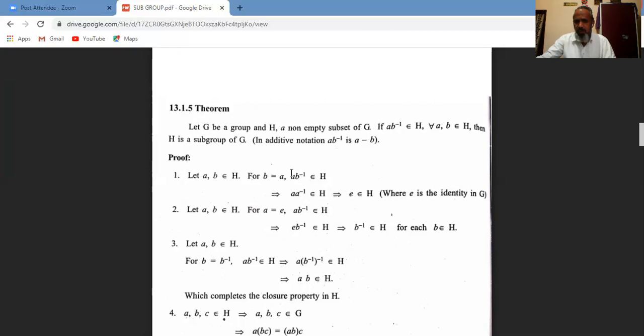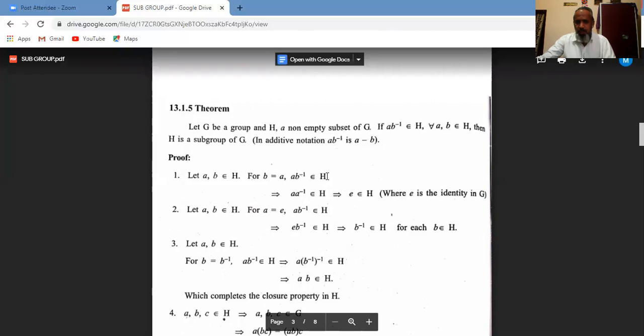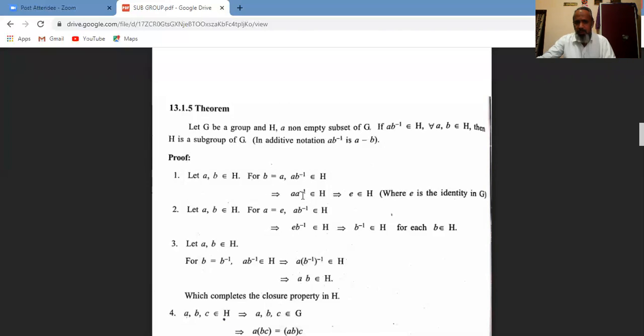For B is equal to A, we are taking two elements in H, and if B is equal to A, then A into B inverse belongs to H. This is the condition. So in place of B inverse, we can write A inverse because we are taking B is equal to A. So with this property, A into A inverse belongs to H. What is A into A inverse? A into A inverse is nothing but the identity element.